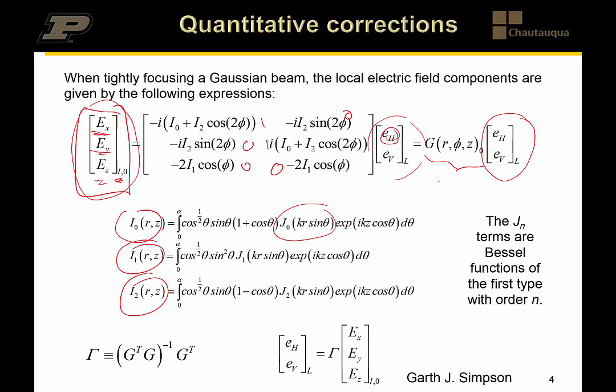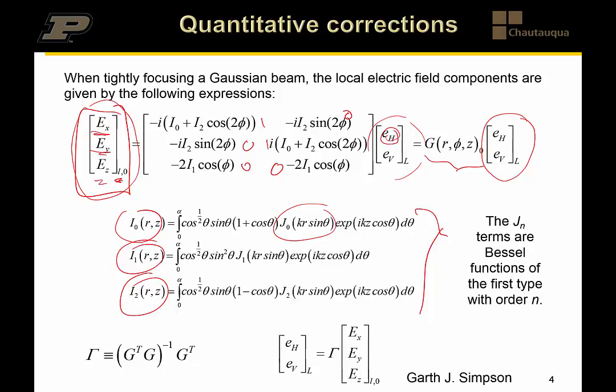But again, as long as you know where your sample is relative to that focal volume, or for example, if you know it's in the center of the focal volume, then that's a determined matrix. We can calculate all 6 elements of that matrix by evaluating these integrals and just plugging and chugging. So it's a known matrix.